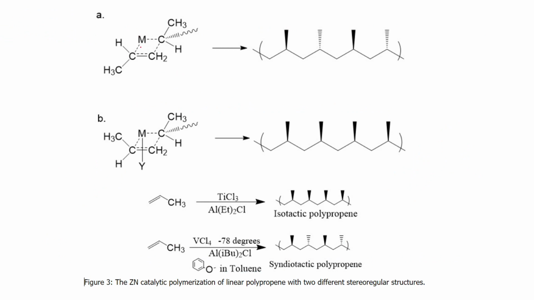So for this kind of trans geometry, you can expect formation of this kind of racemic diad and this kind of syndiotactic polymer. And for this kind of case, it will be through this.